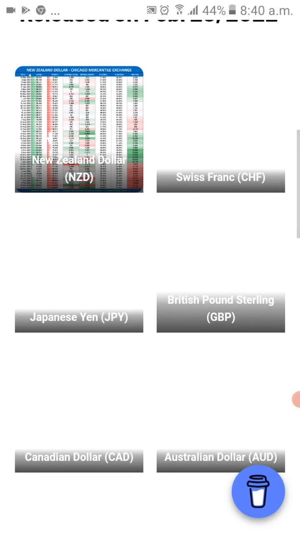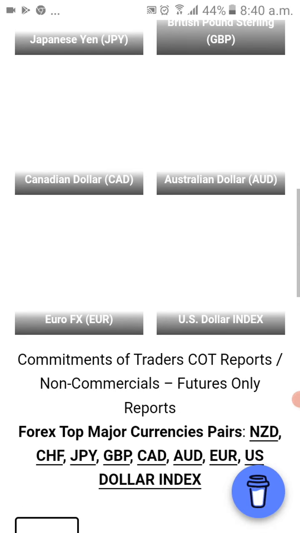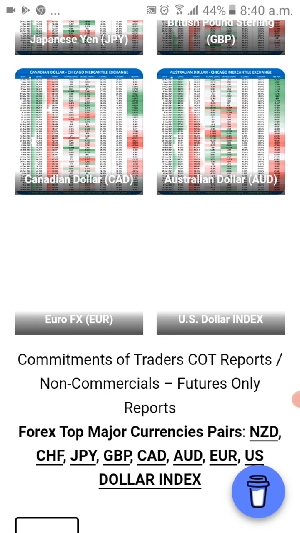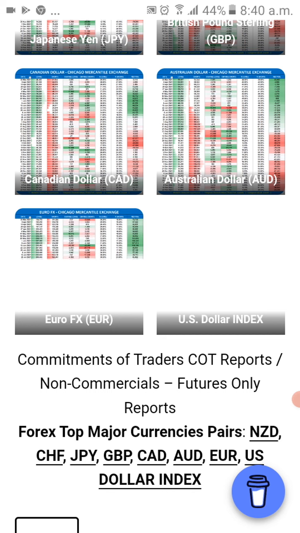So we have NZD, Swiss franc, JPY, CAD, and I'm going to Euro, right? I'm gonna open up the one for Euro so that I can actually see how these guys are positioned.